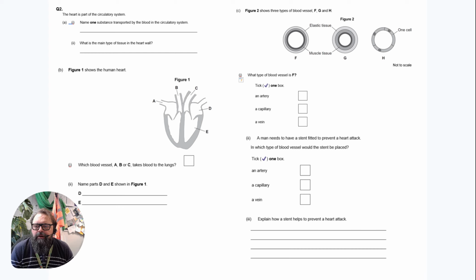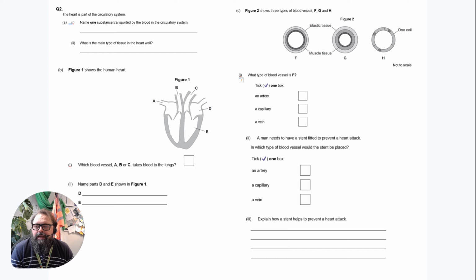Okay, looking at the diagram of the heart, remember how your heart works. So the chambers at the top are atria, and they fill up with blood, which gets squashed into the ventricles, shown on that diagram with an E, which then squash the blood out of the heart in the blood vessels B and C. So blood comes into the heart, into the chambers at the top.